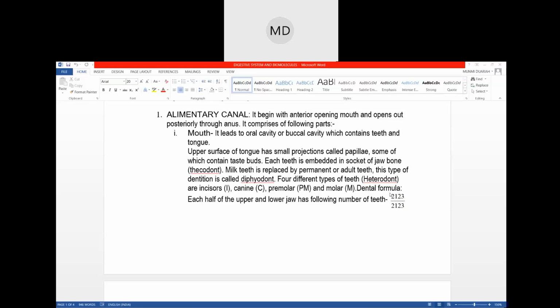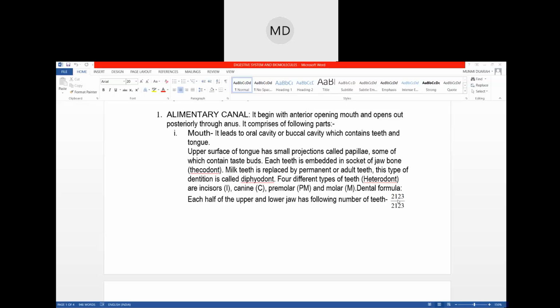From the upper jaw also it is divided into left and right parts. In the front we have 4 incisors, so it is given 2 because this is the left part, then one will be the right part. 2 on the right part, 2 on the left part, even though they are joined.